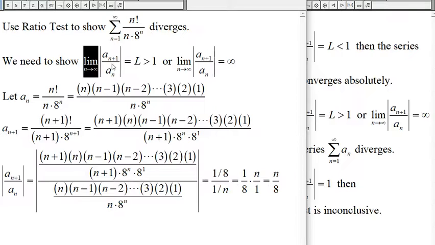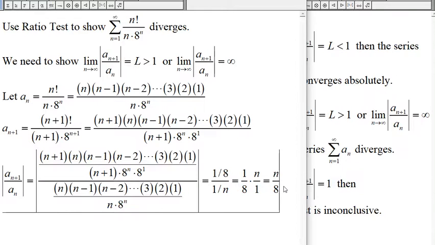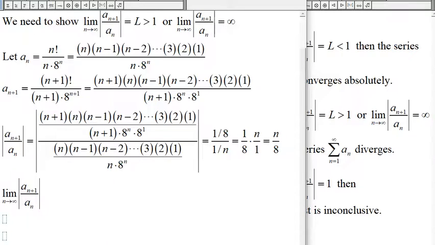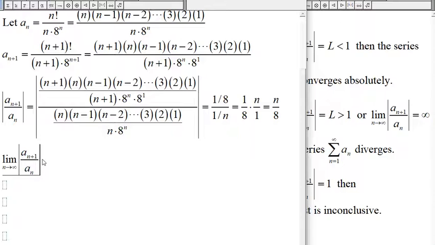And now we need to take the limit of this ratio. This is n over 8.